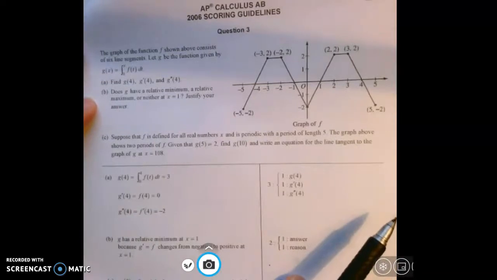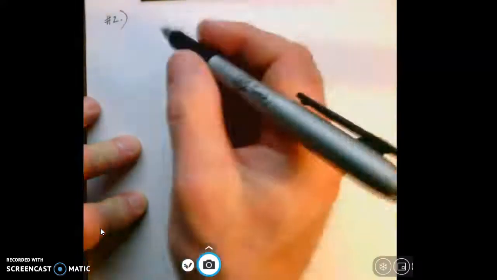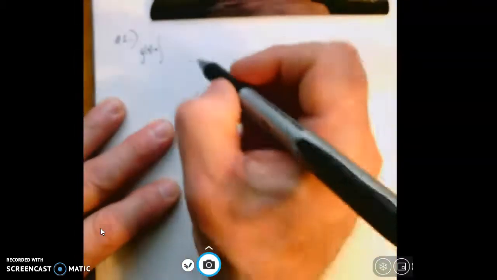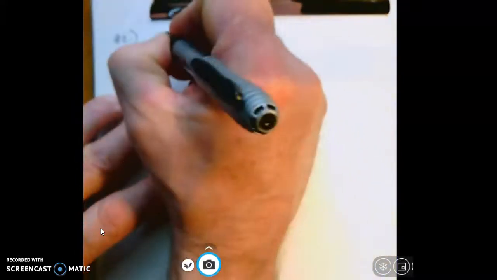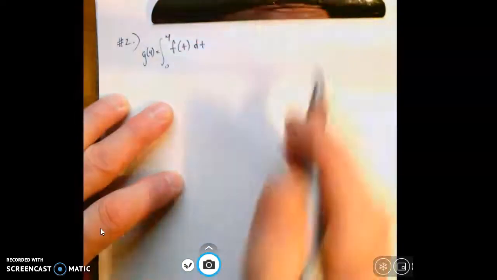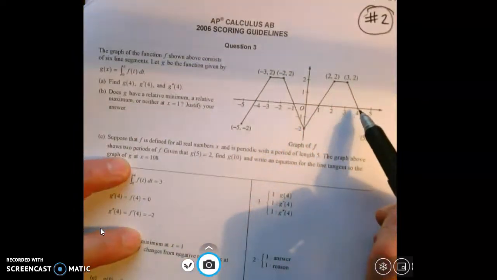Okay, so I'll let you look at this. You already have the picture to look at. So when we're talking about G of 4, we are talking about the integral from 0 to 4 of f of t dt, which means we are looking to calculate the area under this curve from 0 to 4, all the way to here, right?